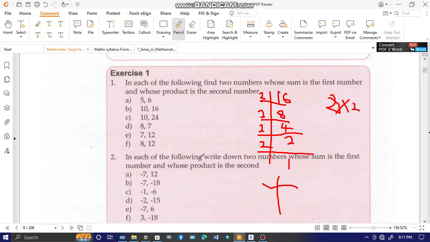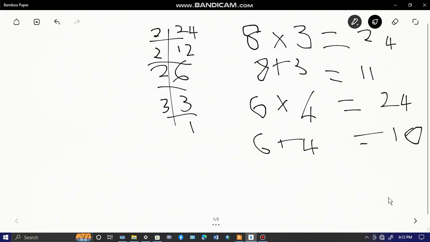And then the fourth example, we have 8 and 7. We should find numbers that when we add, they should give us 8, but when we multiply, they should give us 7. What could those numbers be? So look at the factors of 7.